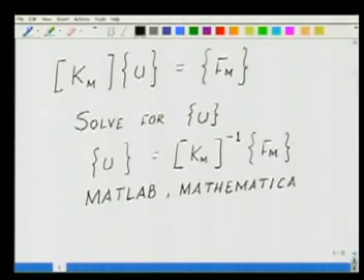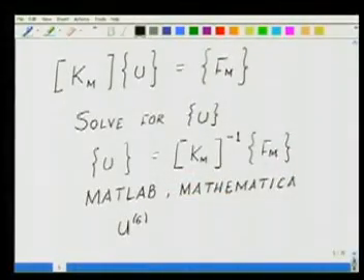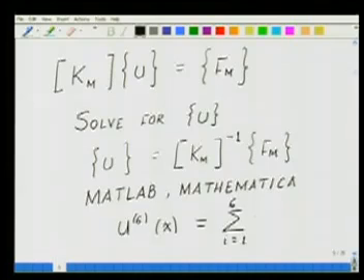To solve this problem, you can feed to these programs the matrix K, the vector F, and ask it to return back to you the vector U. So once you know the components of U, then you know your solution U6, because this will be equal to ui phi i of x. So this is how we will construct the finite element solution to a problem.